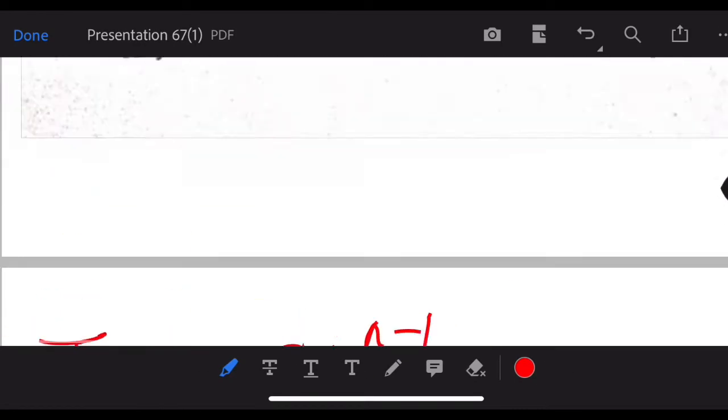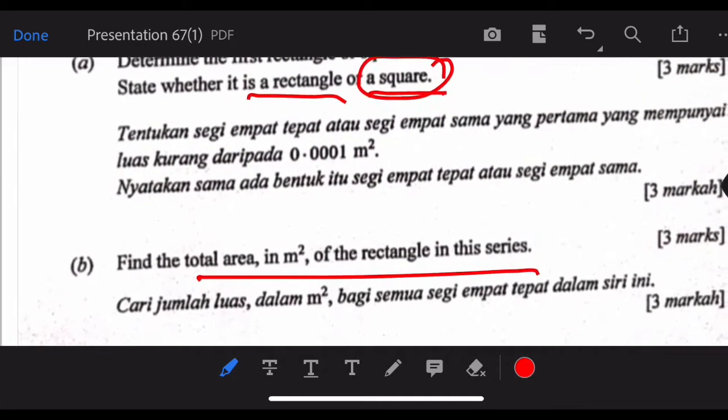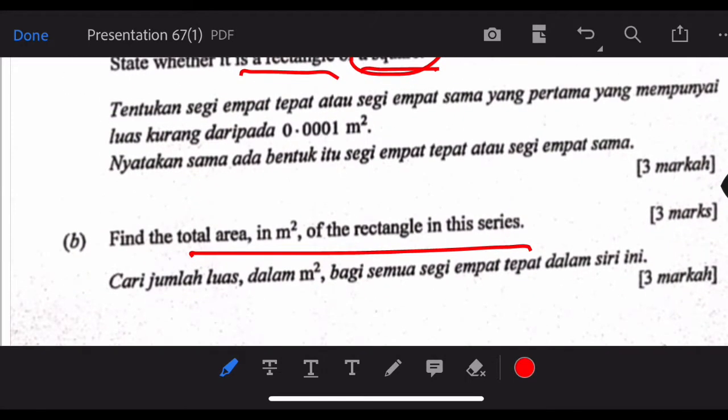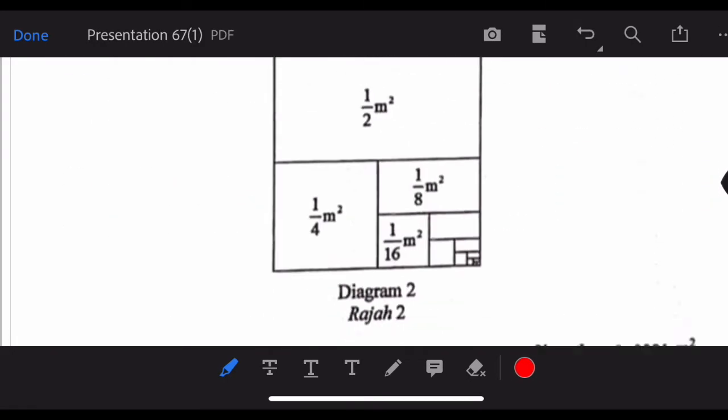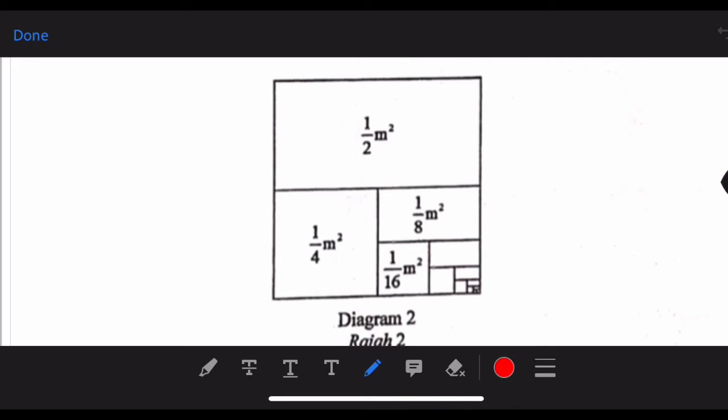Total area. Since we actually have two series, one is rectangle and one is square, let's list out the rectangles. We just focus on the rectangles. The first one is 1/2, right? The second one is a square, so we don't want it.